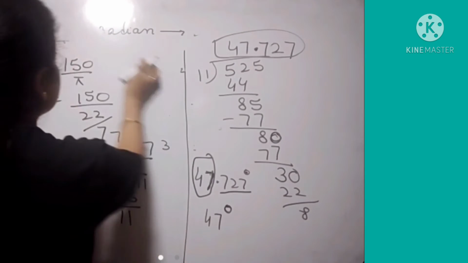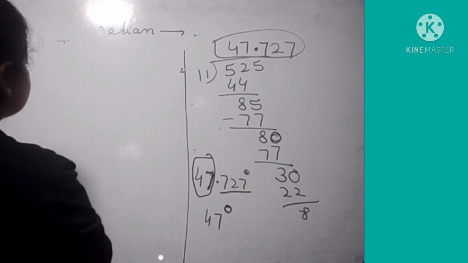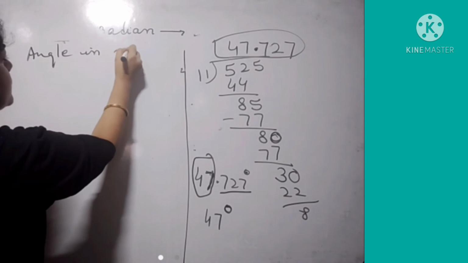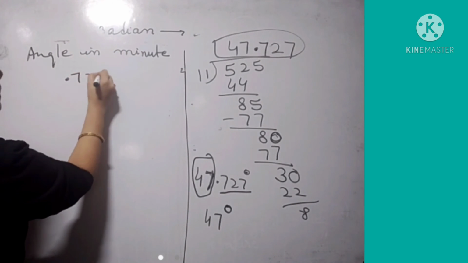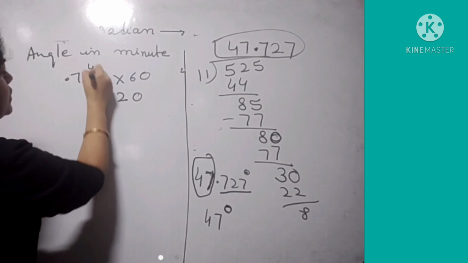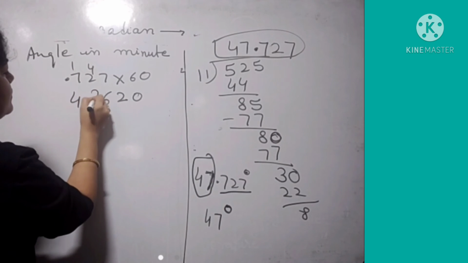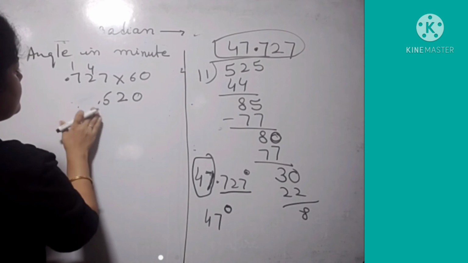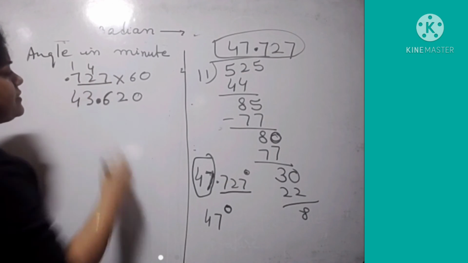But 0.727 we convert further into angle in minutes, because after degree we get minute. 0.727 into 60. 6 sevens are 42, 6 twos are 12 and 4 is 16, 6 sevens are 42, 43. Here we get 43.